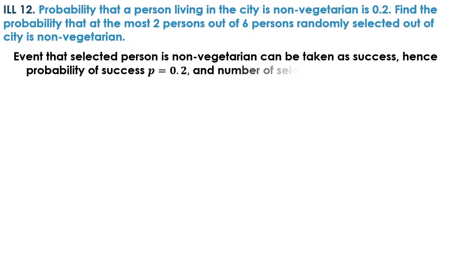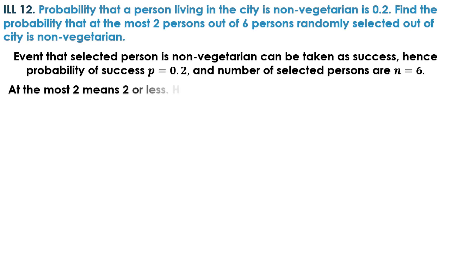And then we have to find the probability that we select at the most 2 out of 6 persons. So the total number of persons we are selecting here is 6, and we have to select at the most 2 persons out of them, that means maximum 2 or less. So capital X here will be 0, 1 or 2. It can be one of these three values, and we know from our previous chapter that if 'or' comes, we add.